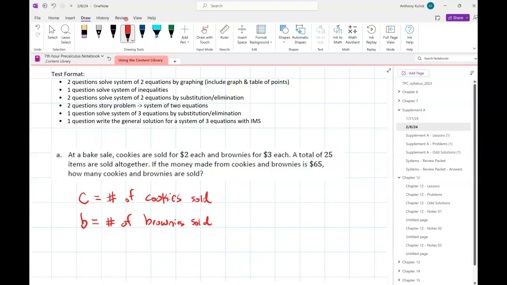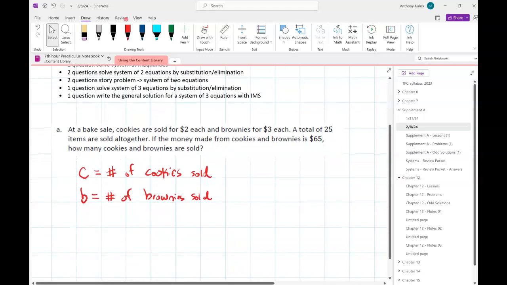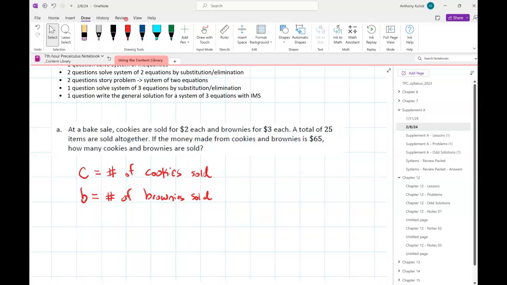Now let's go through and identify some of the other information. So the first sentence says cookies are sold for $2 each and brownies are sold for $3 each. What is that $2 representing? That number 2 means something.